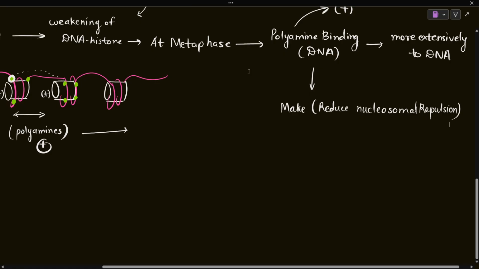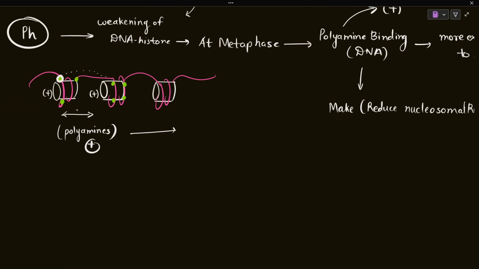Now tell me what will happen if the repulsion between those nucleosomes is reduced due to polyamines, which are acting like a middleman. They are interacting with the DNA on both nucleosomes. Imagine they are sitting here and have two hands, stretching like this.